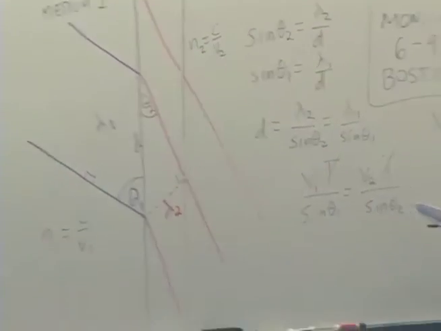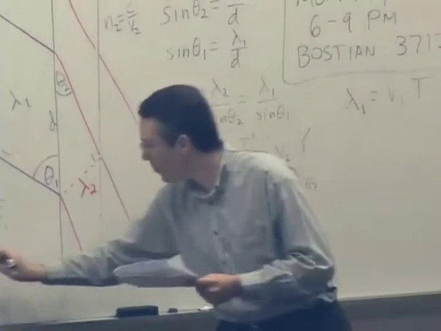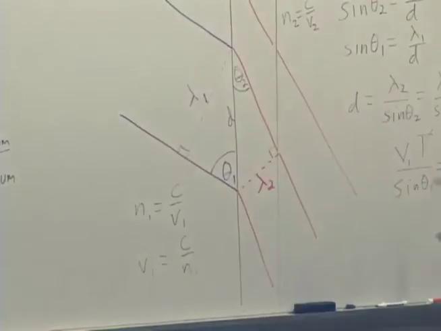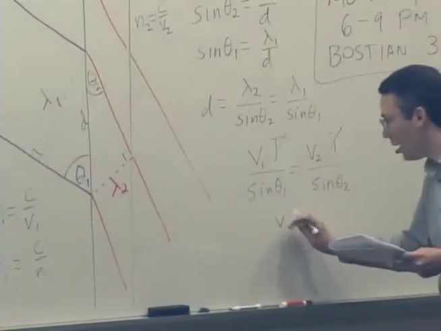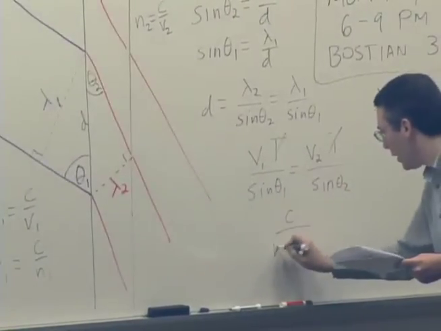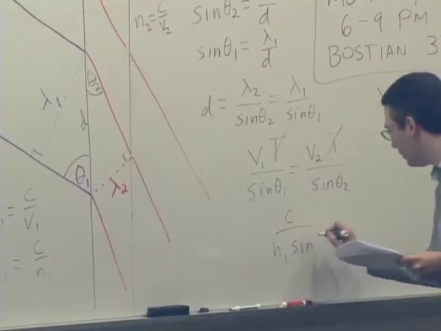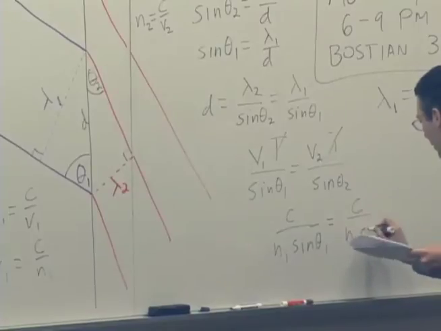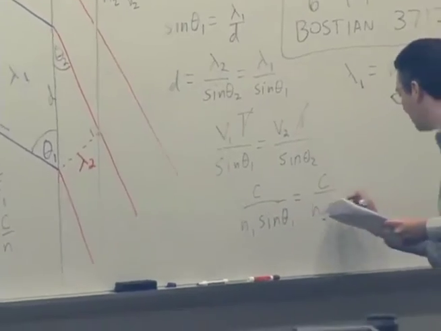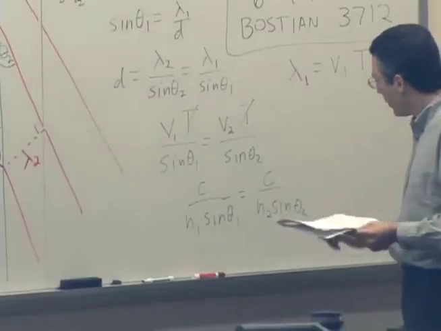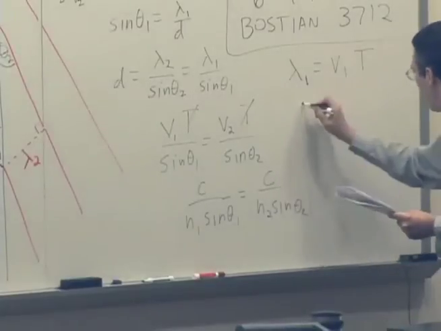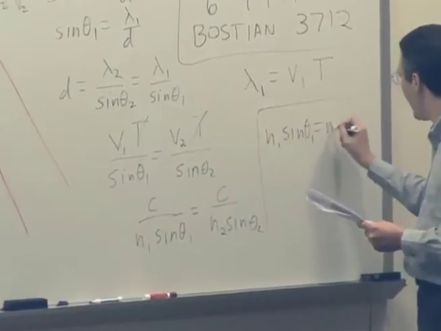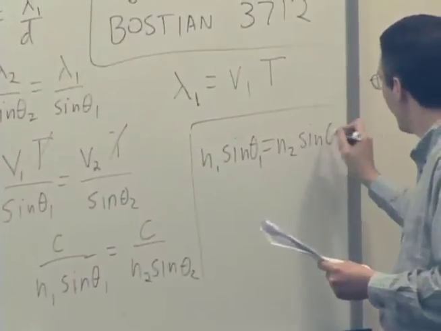If I plug that in, by just saying v1 is c over n1, I'm going to get c over n1 sine theta 1 is equal to c over n2 sine theta 2, and the c's will cancel out. And so we're left with this relationship: n1 sine theta 1 is equal to n2 sine theta 2.